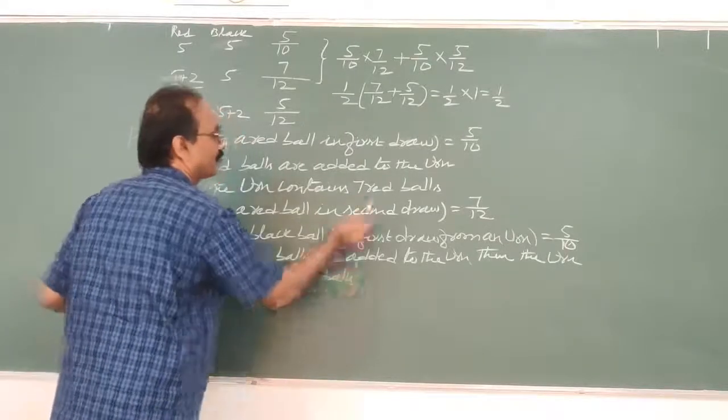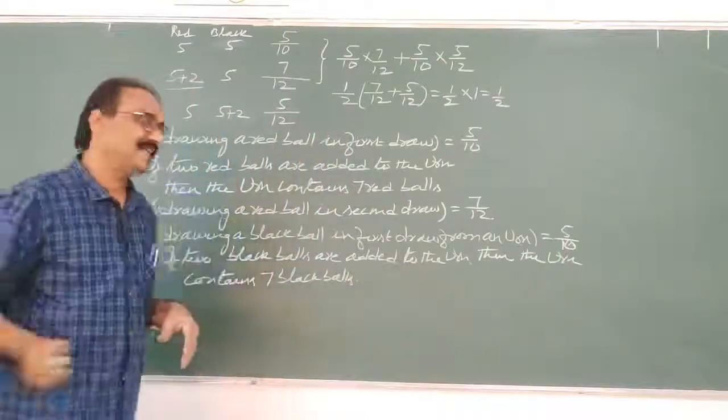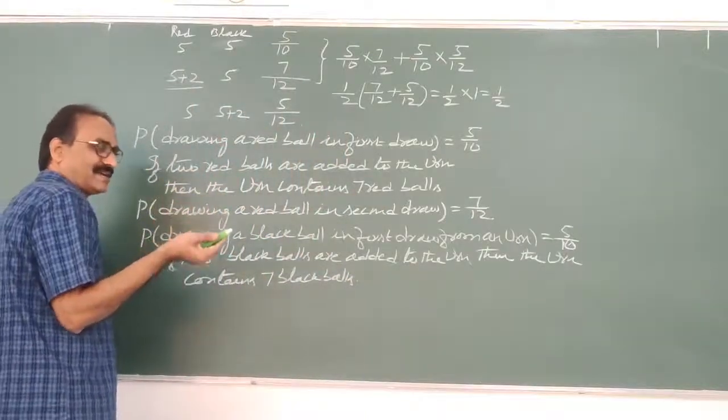It is easy, because the same sentence is there. Over. Now, this time also we want to draw only a red ball, no?